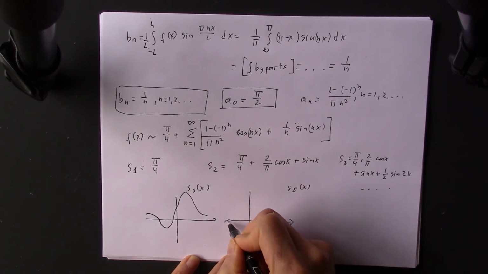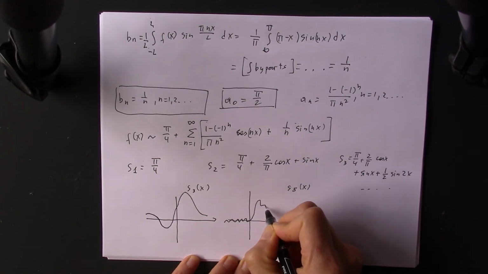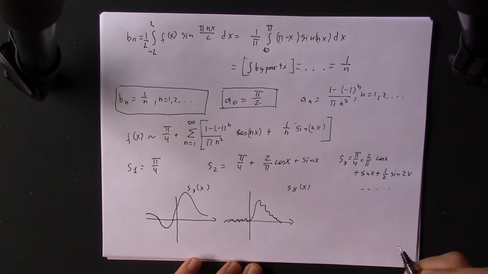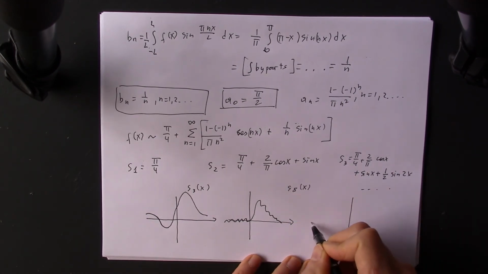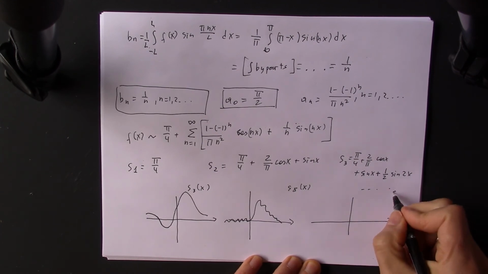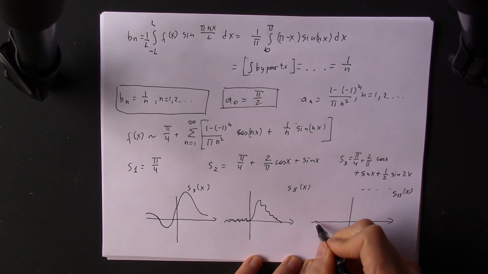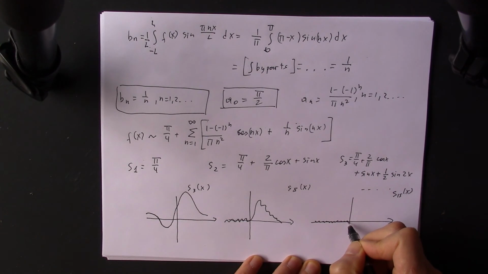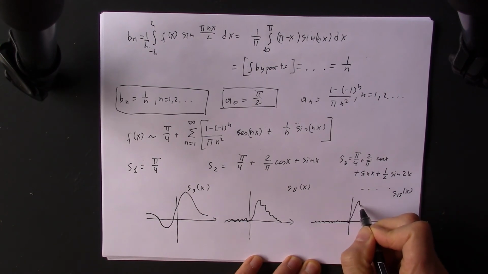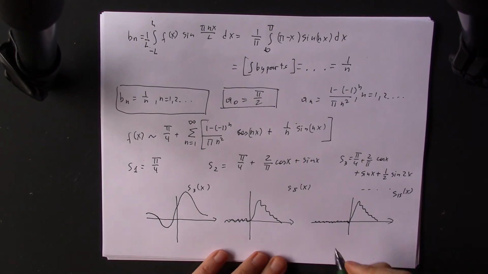It's going to look something like that. And then if I try to sketch a graph of S15, the 15th partial sum of x, then I'm going to get something which looks like this, going up, and then going down. So what you notice is our function is going to be eventually approximated by the Fourier series.